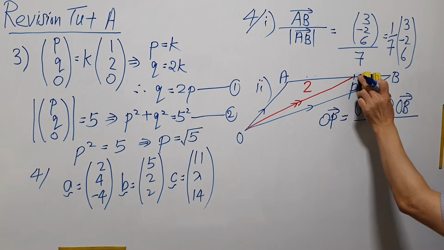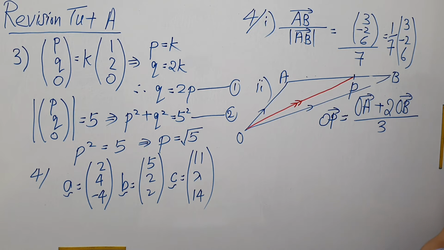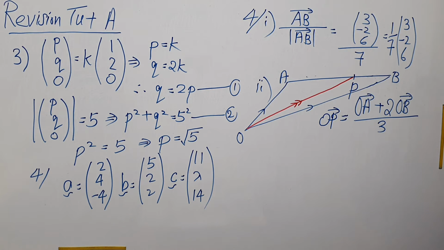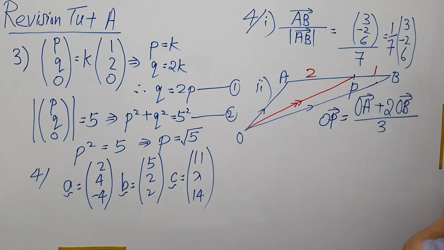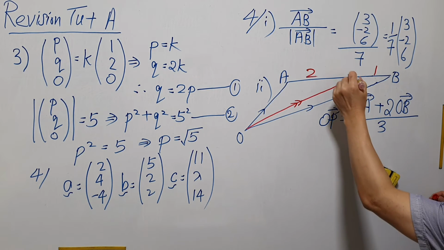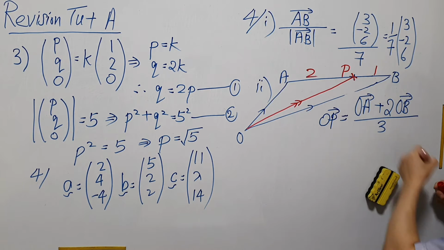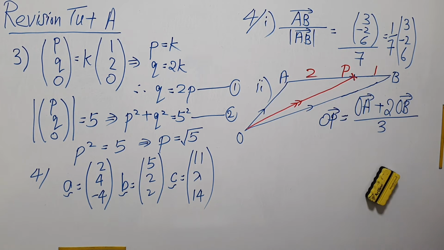I think I should write the ratio above this ratio of 2:1. P is here. With a different color, you can see the contrast. This is how you should find the vector OP.